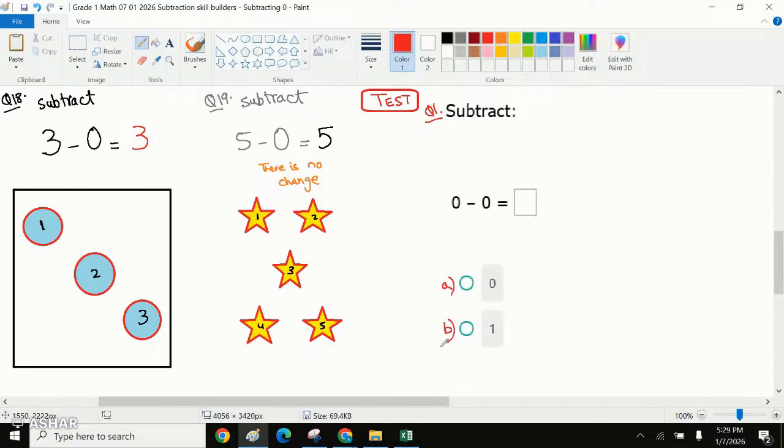If you do not have a candy, you cannot give away a candy. That means if you do not have something, you cannot minus from it. Yes, 0 is the correct answer. But which option? Option A or option B? Yes, thank you, Prinsley. Option number 1.